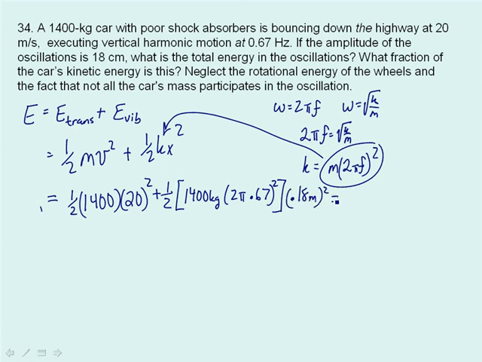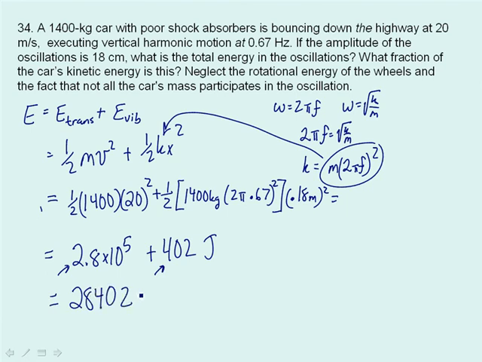That's squared. That gives us the total energy. I'm just going to do it in separate terms. 2.8 times 10 to the 5th plus 402 joules. So the translational is 280,000. The vibrational is 402 joules. I'm going to write it out disregarding sig figs and just write it as 28,402 joules.